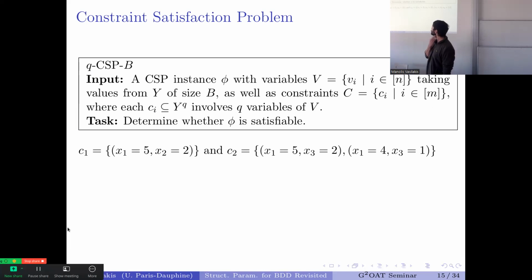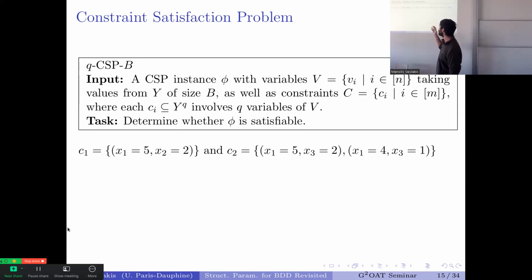This is a CSP problem, and every variable can take among B values. You're given the clauses, the constraints, involving at most Q variables, and you have at most B to the Q satisfying assignments for every constraint.